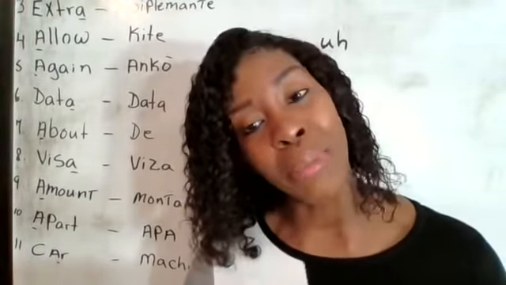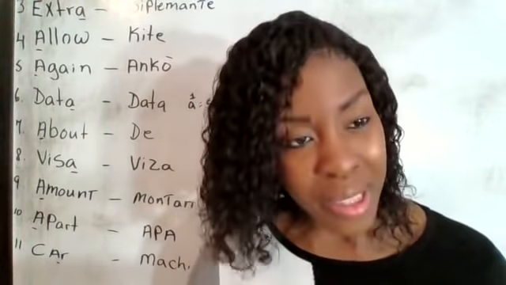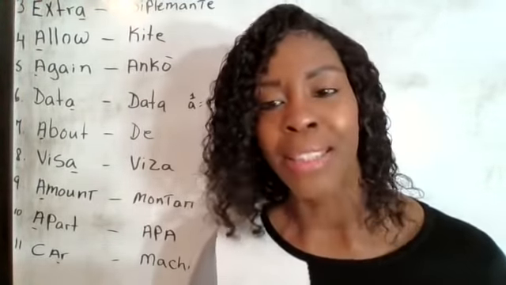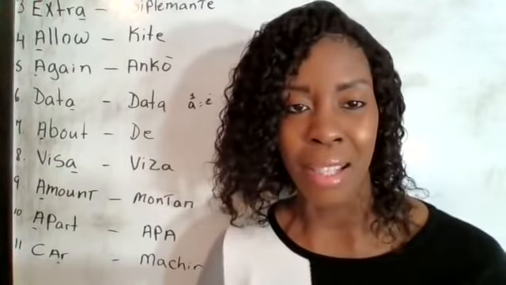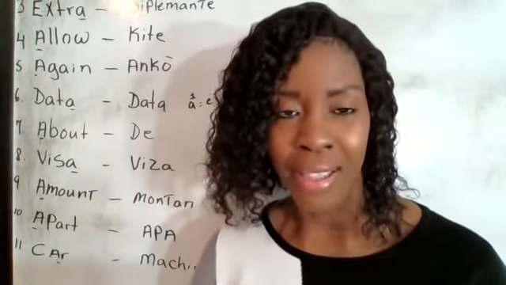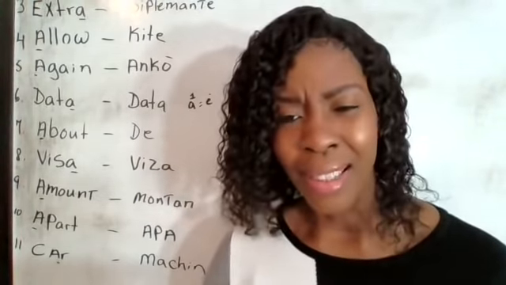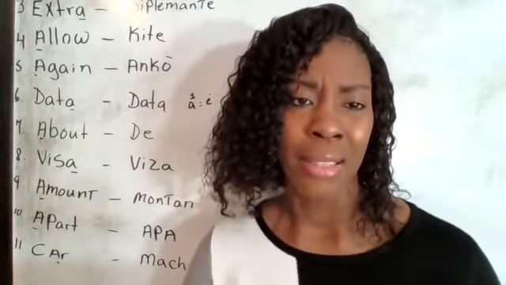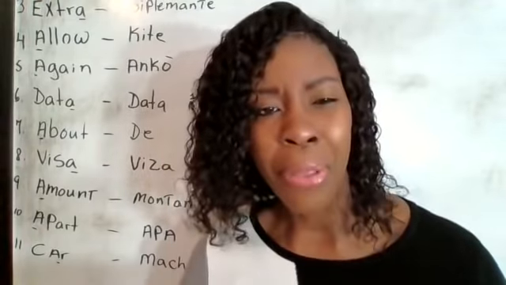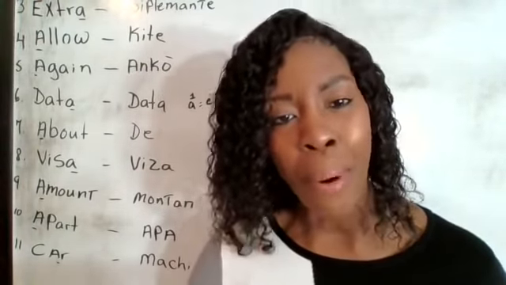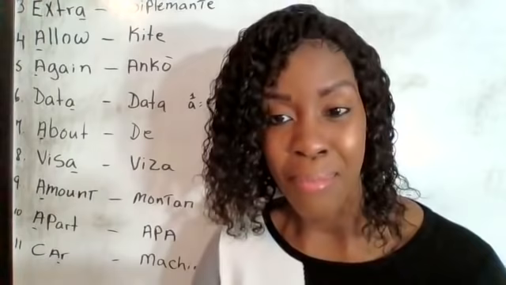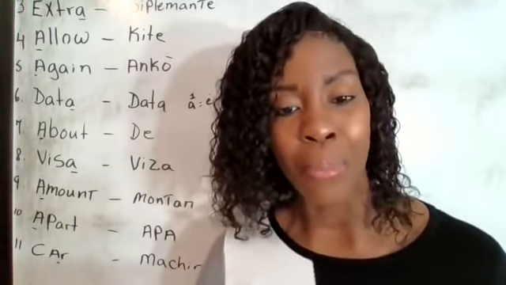Now if you're talking about a loved one and you say we live apart, that means we do not stay together. We live apart. We live separately. My mother and I, we live apart.